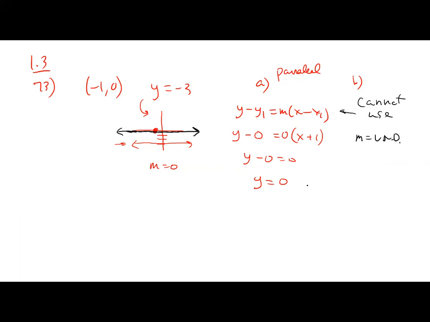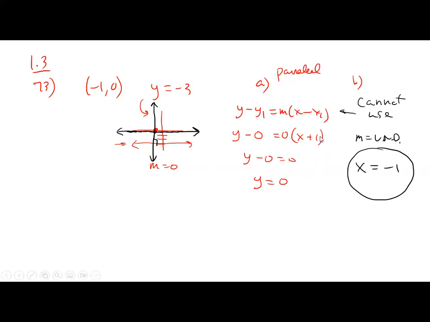So this is the only time you have to do it conceptually. I need a line that's perpendicular to this line going through that point right there, and that equation is going to be x equals negative 1. That is the answer. That's not by algebra, it's more like by geometry. We're good? Cool.